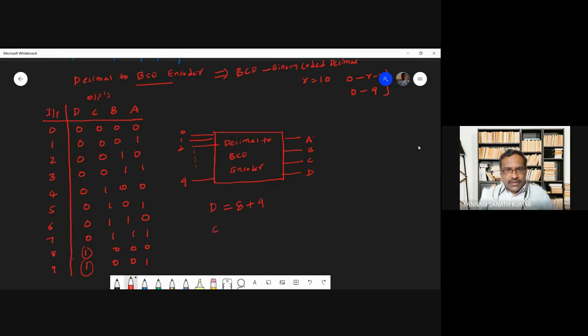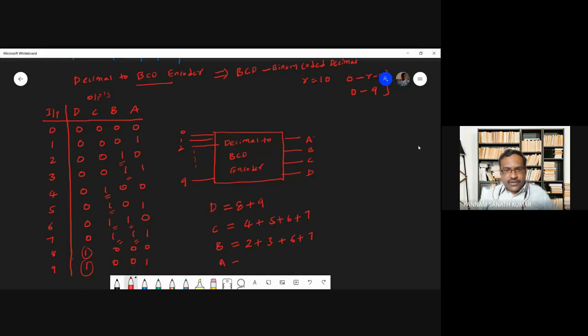And if you observe the output C, wherever you have 1: 4 you have 1, 5 you have 1, 6 you have 1, and 7 you have 1. Those are OR operations, so C is 4 OR 5 OR 6 OR 7. For the output B, 2 you have 1, 3 you have 1, 6 you have 1, 7 you have 1, so B is 2 OR 3 OR 6 OR 7.